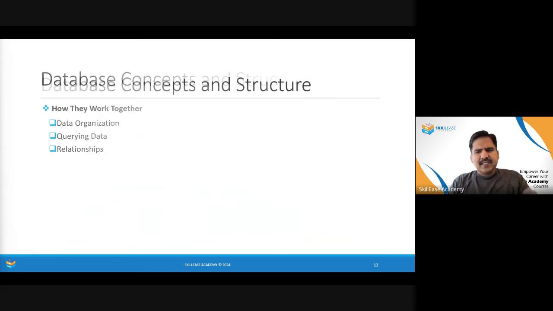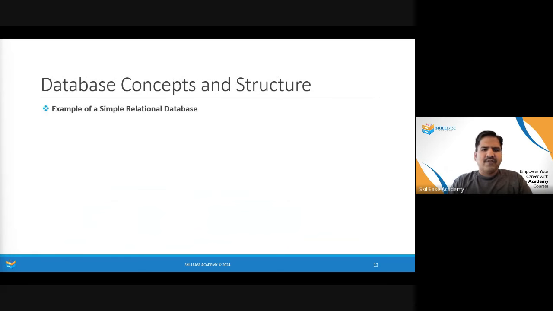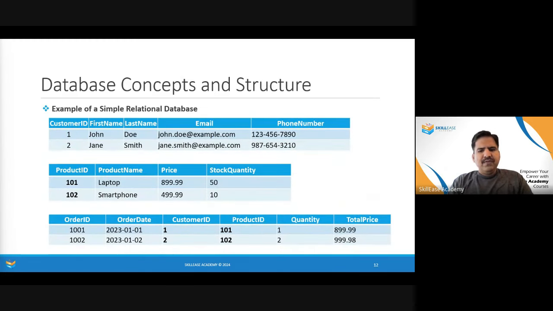Now, let us take a simple example of a relational database. We have three different tables. One is a customer table. Second is a product table. And third is an order table. Now, as we were discussing in the examples, if we want to retrieve the data of one particular customer who has made a purchase, we can write a query.